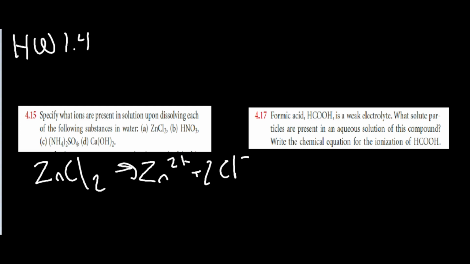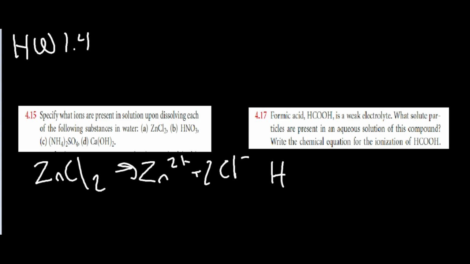Now for 17. Formic acid is a weak electrolyte. What solute particles are present in an aqueous solution of this compound? It's just asking, if you were to split up HCOOH into its ions, what would you get? Because it's saying what solute particles. So if you broke it up, what would you get? This might be a little more difficult.